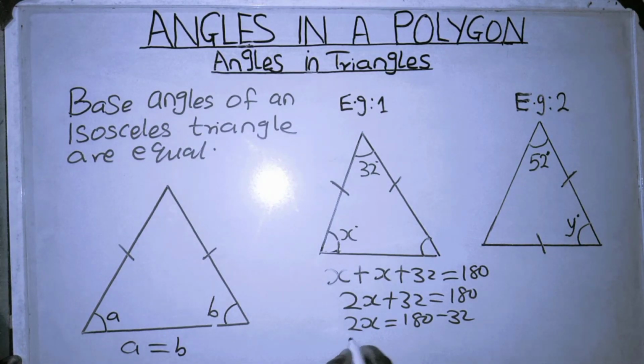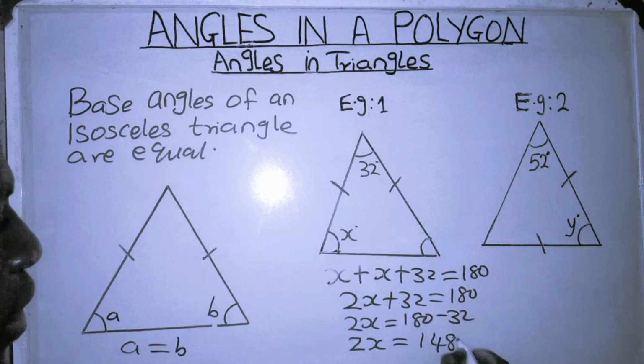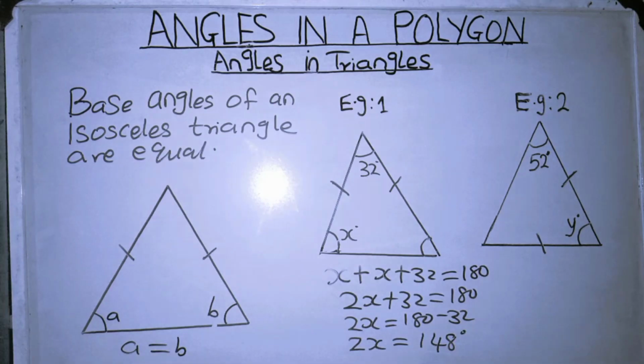We have 2x is equal to 180 minus 32. So that will give us 8 here. 7 is remaining here. 7 minus this will give us 4. So that will give us 148 degrees. So what do we do next?